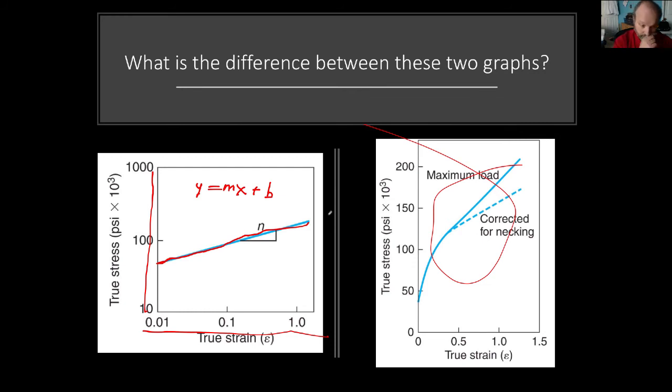And so that's pretty interesting. Also look at where it starts. It starts at 0.01. That's typically when you start to get into the plastic region, right around 1 or 2%. If you remember the engineering stress and strain curves we talked about earlier, the true stress and strain curves are straight at about 1 or 2%.